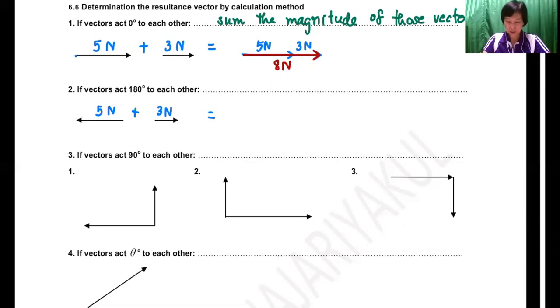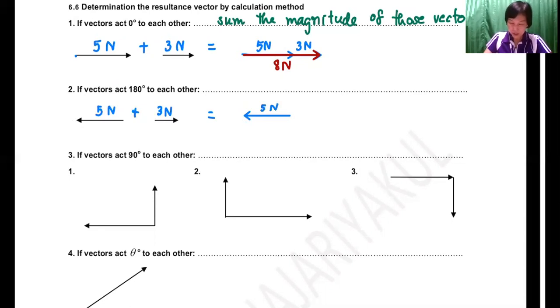Why is that so? I will show you here by using the addition of vectors by the head to tail method. First, again, I will do it by the drawing method. Here I will copy the force of 5 Newton and move it here. And then this is the 5 Newton vector.